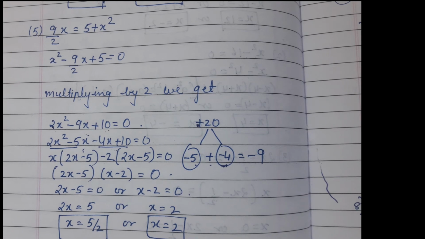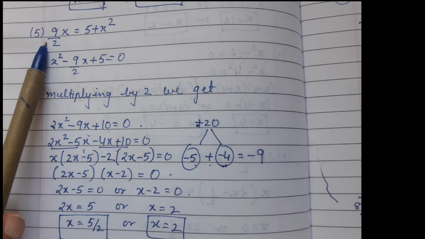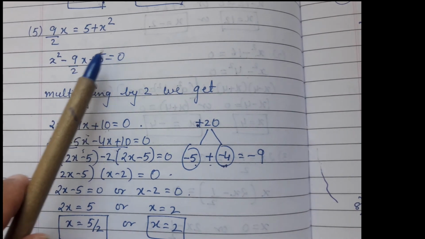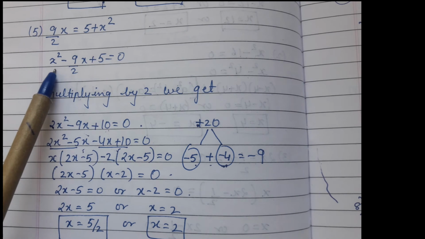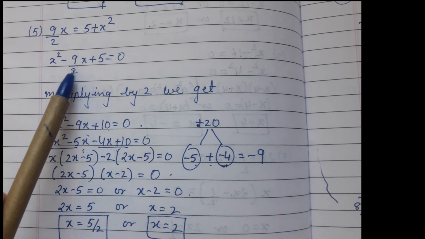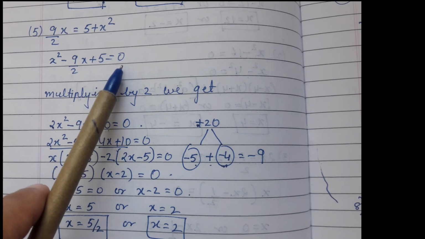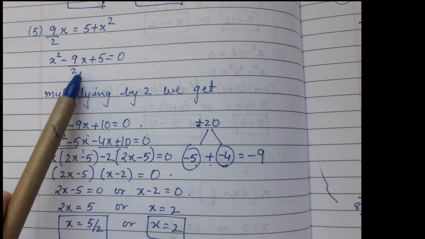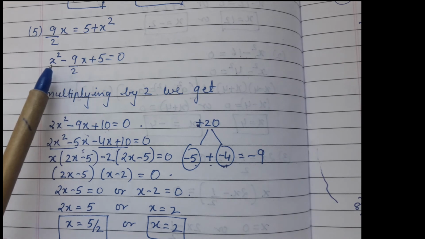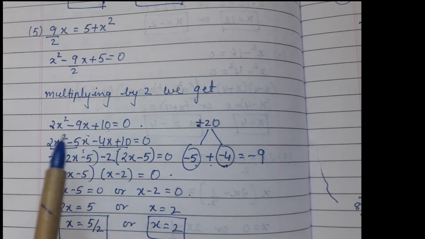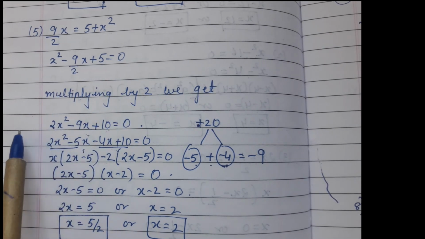Fifth sum, 9 upon 2x is equals to 5 plus x square. Okay, so now we take 9 upon 2x to the right hand side. We get x square minus 9 upon 2x plus 5 is equals to 0. Now since this is upon 2, it's better first we multiply all the sides by 2.